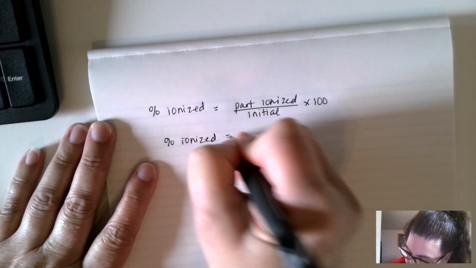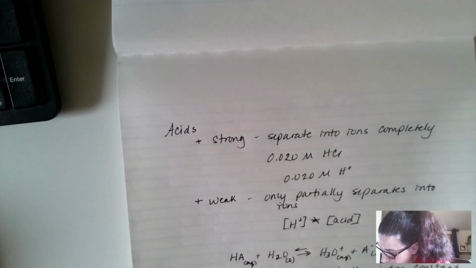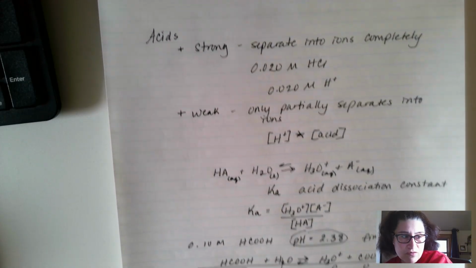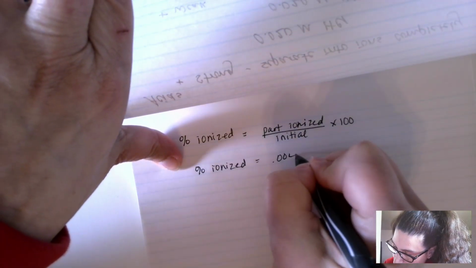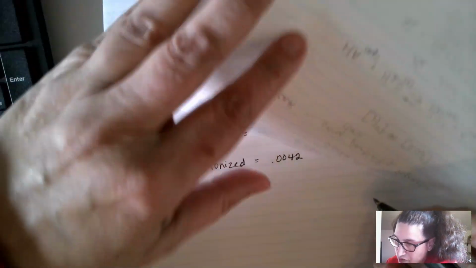In our last example, the amount that was ionized was 0.0042, and my initial concentration was 0.1.